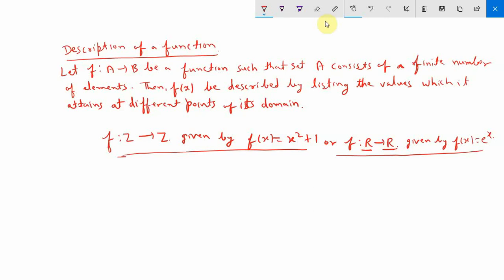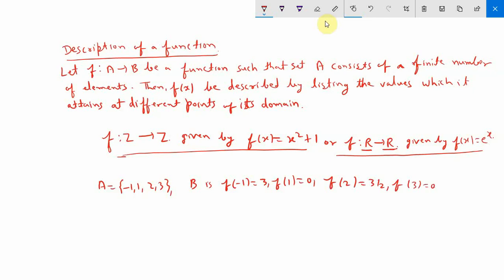If we talk about a finite number, let set A be equal to {-1, 1, 2, 3}, and set B is described by the elements: f of -1 equal to 3, f of 1 equal to 0, f of 2 equal to 3 by 2, and f of 3 equal to 0.